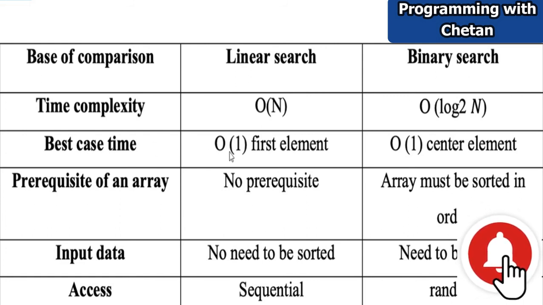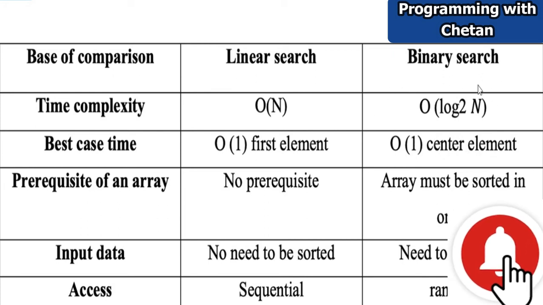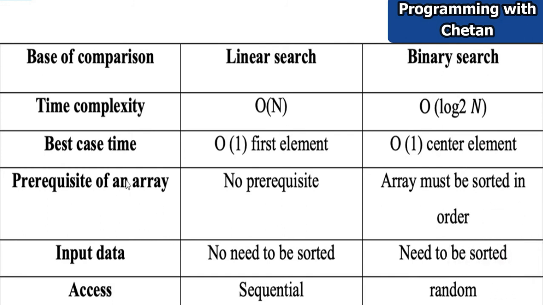And its best case complexity is order of 1 in both the cases, but in linear search when it is a first element, then that will be the best case, and in binary search if it is a center element, then it will be the best case for binary search. And about the prerequisite or the input parameters, we have already discussed that here there is no need of our input list to be in sorted manner, but in binary search it is mandatory to have our input list in a sorted manner.